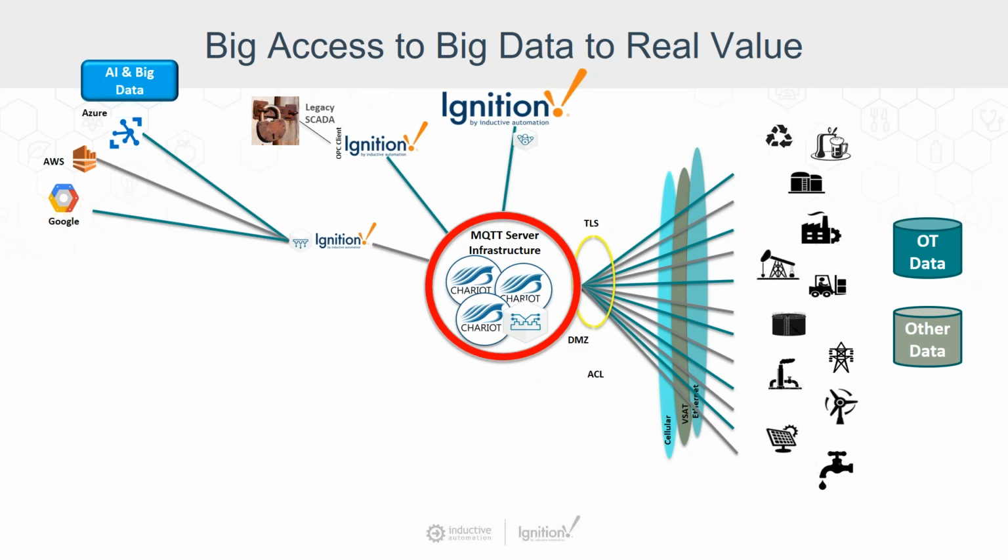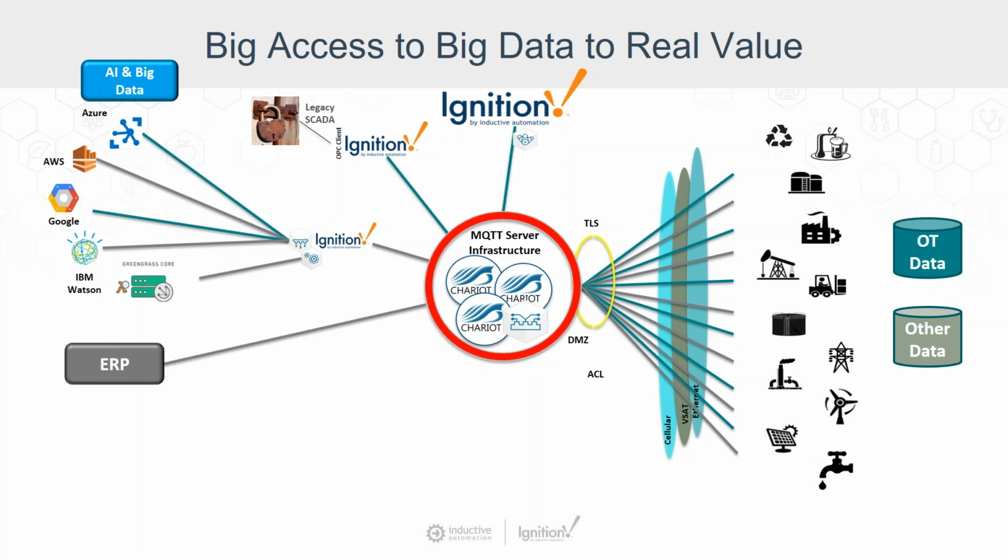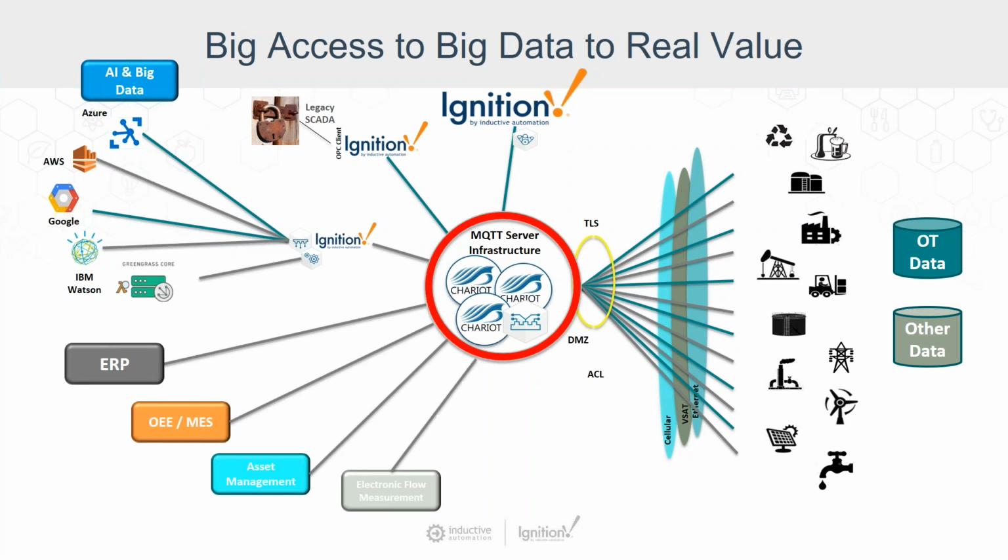Maybe we want to bring it to Azure, or AWS, or Google Cloud, or IBM Watson, things that Carrie was mentioning before. So we can start taking advantage of machine learning analytics. Once we solve the OT problems, we can start delivering information to these higher level systems. We can go to ERP or other OEE and MES systems, or asset management systems, or whatever it might be. Any future apps that we have, we can start plugging into this infrastructure.